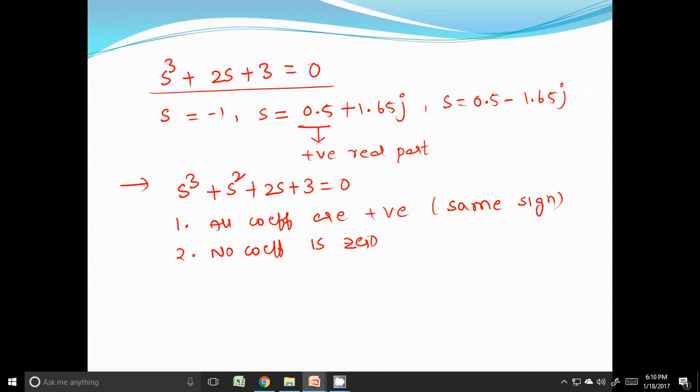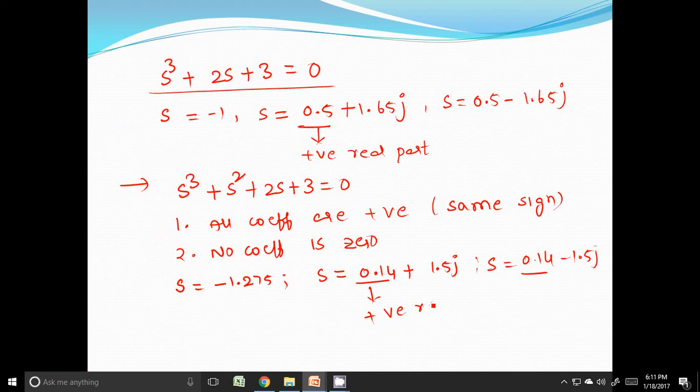If I calculate the roots of this characteristic equation, one root is s equal to minus 1.275, the second root is 0.14 plus 1.5j, and the third root is s equal to 0.14 minus 1.5j. So here the roots have a positive real part, so the system is unstable.